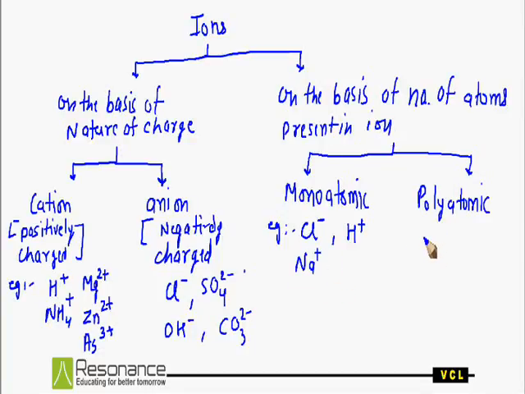But when we take the example of NH4 plus ammonium ion, it has 5 atoms, 1 atom of nitrogen and 4 atoms of hydrogen, so it has more than 1 atom, that is 5 atoms, so it is a polyatomic ion. Now we can take another example of SO4 2 minus, it has 1 atom of sulfur and 4 atoms of oxygen, so overall it has 5 atoms, so it is also a polyatomic ion.